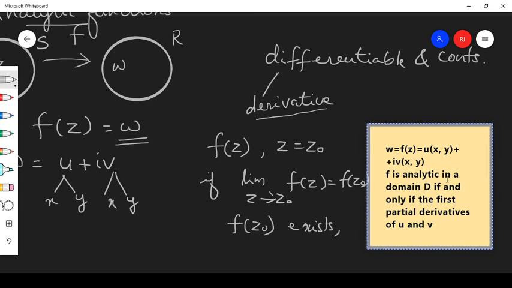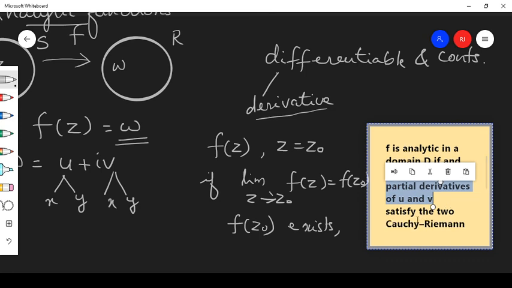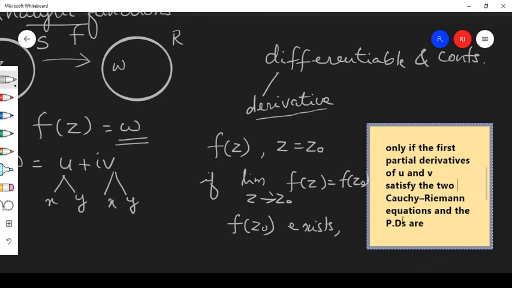That means for a function to be analytic, the conditions are: the first partial derivatives of u and v, that is, dou u by dou x, dou v by dou x and so on, exist, and if they satisfy the Cauchy-Riemann equations, then only that function is said to be analytic.